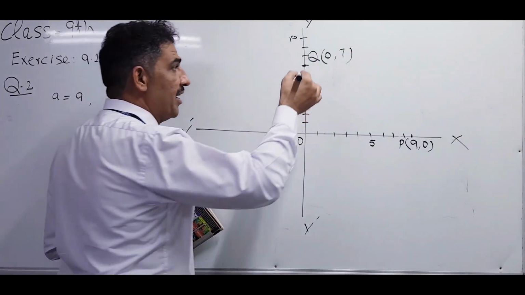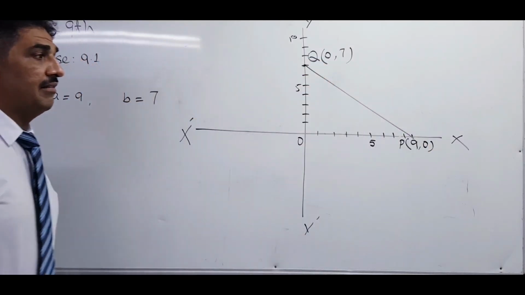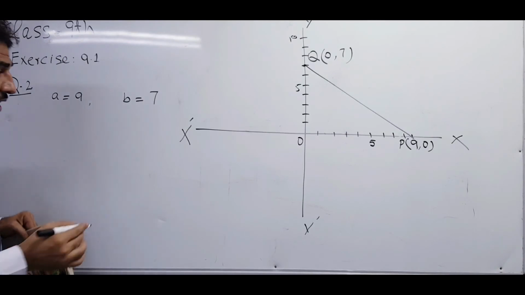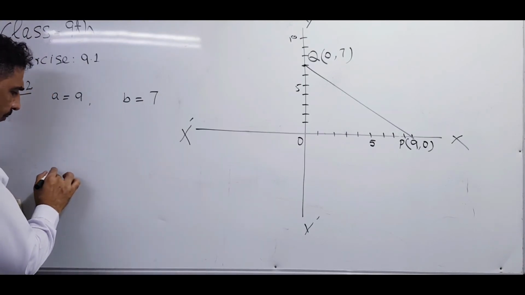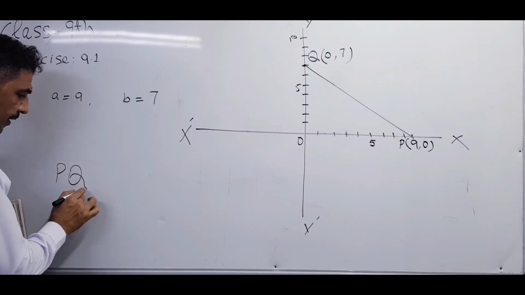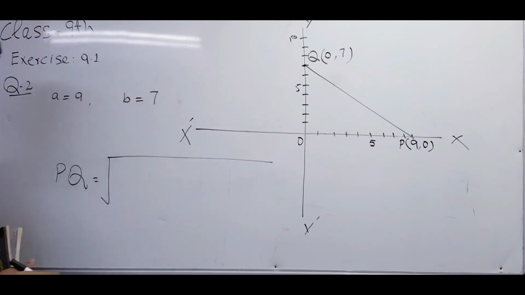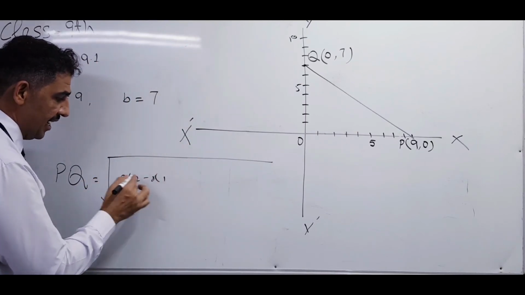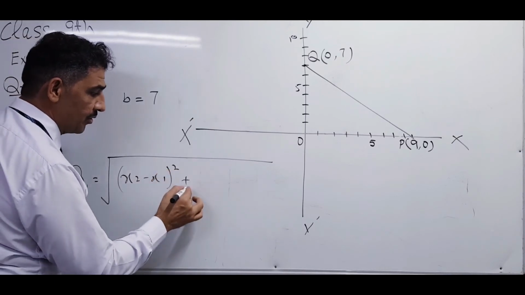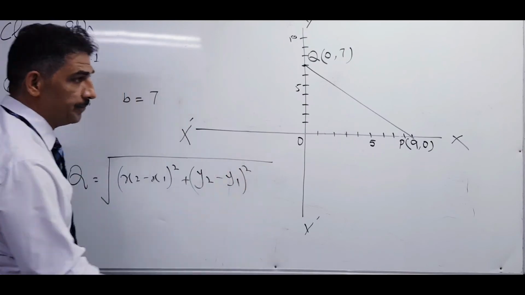According to the statement, what is the distance PQ? We have to find the distance PQ. We can find it there or here, up to you. Distance formula: root of x2 minus x1 whole square plus y2 minus y1 whole square.